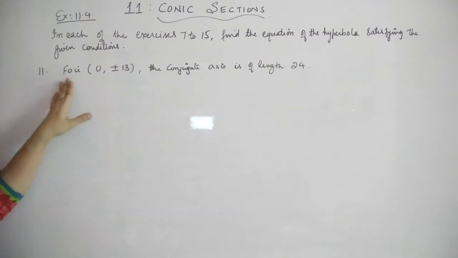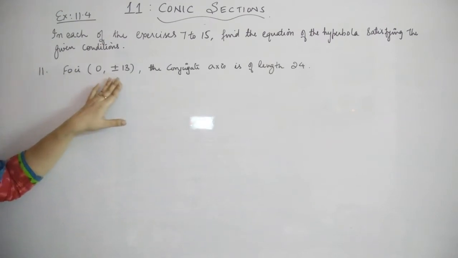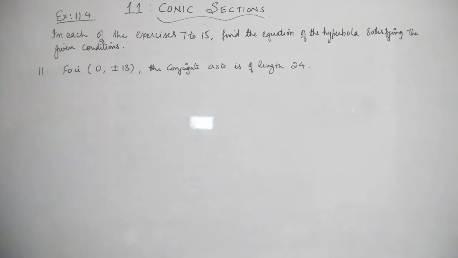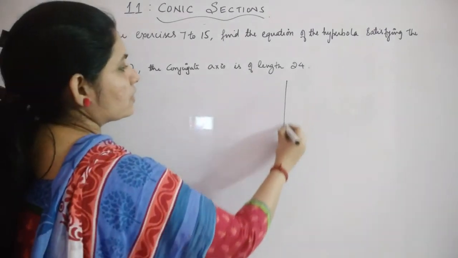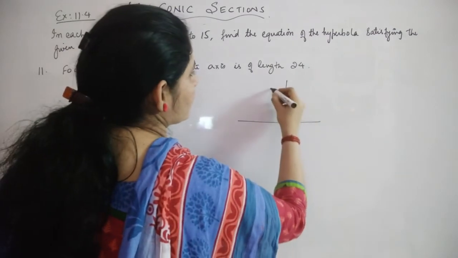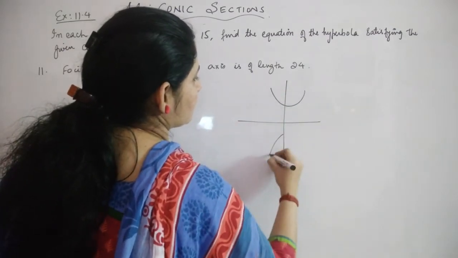Question number 11 is, foci is given to be 0 comma plus or minus 13 and the conjugate axis is of length 24. Again, this coordinate will give you an idea about which type of hyperbola it is. The transverse axis will be on the y-axis, which is of this form.